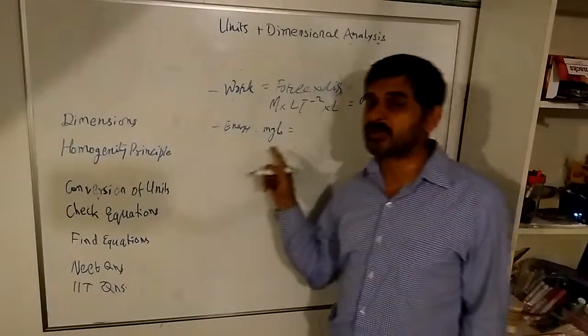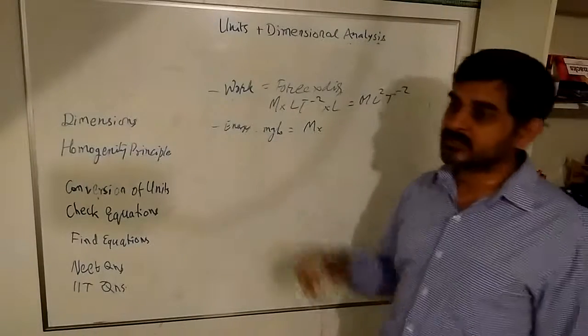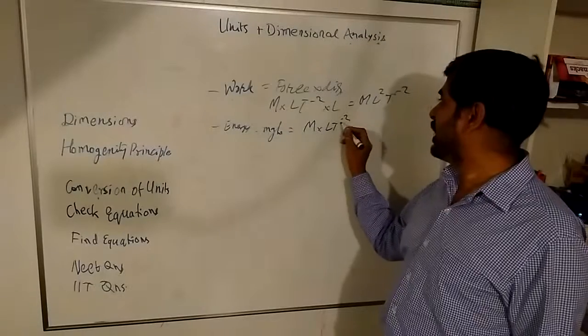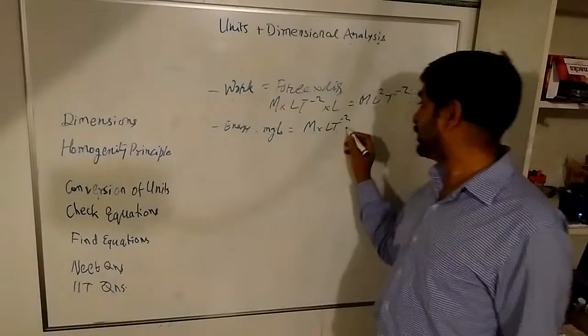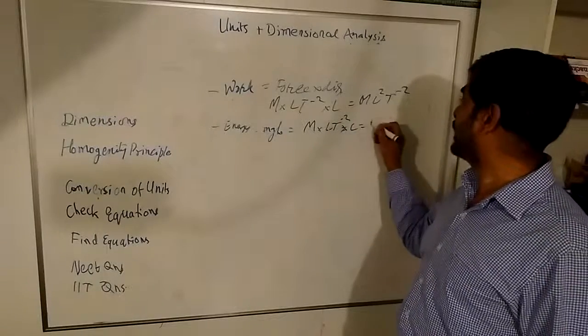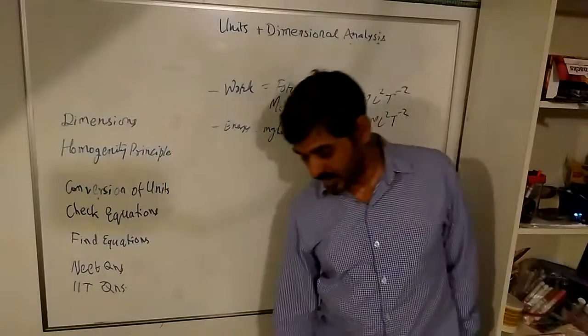To find its dimensional formula, m is M, g is the acceleration due to gravity, which is L T to the power -2, and h is the height, which has the dimensional formula of L. So you see that M L square T to the power of -2 is the same dimensional formula as the work.